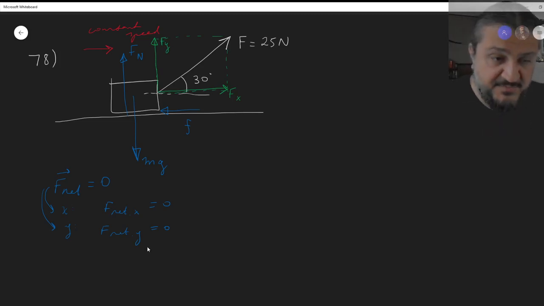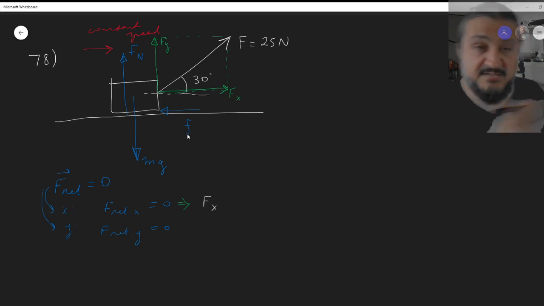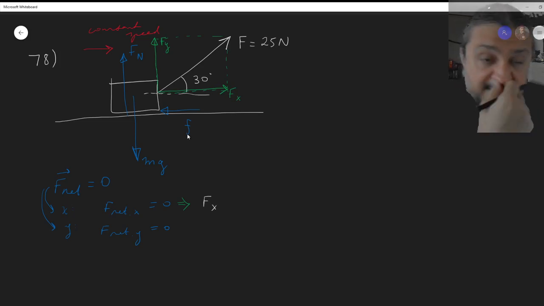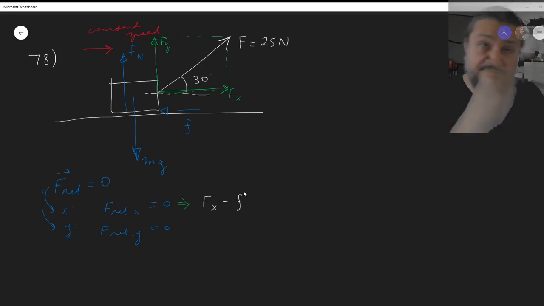So let's take the first equation and along the x direction. If F net x is 0, this means I have to consider everything along the x direction. What do I have? I have two forces, Fx pointing to the right, and f pointing to the left. I can say Fx is equal to f in this case, or if I want to write it in a similar fashion, I can write minus f, meaning it's pointing to the left.